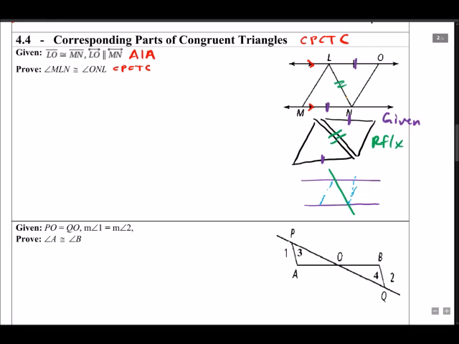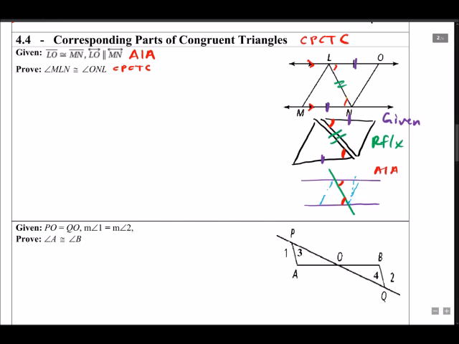I didn't get this one angled enough, but that's okay. Now I need to find which of my angles are inside my triangles here. So I know I'm looking for alternate interior angles. It's those guys right there. So now I'm going to come up here on my triangles and find those. That's there, and there's this one and this one. You can kind of see it now. So that's alternate interior angle theorem.